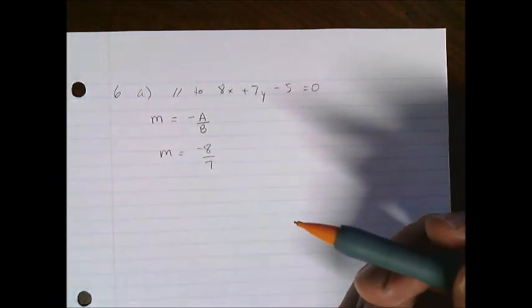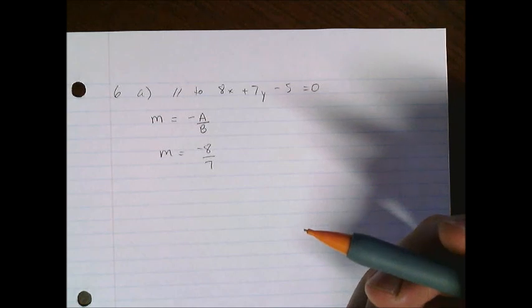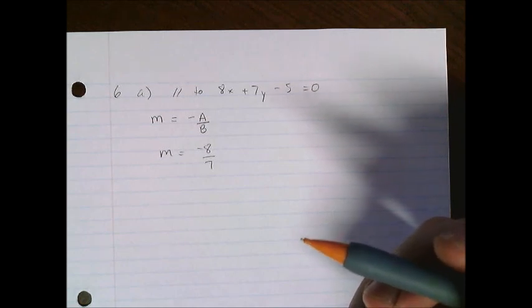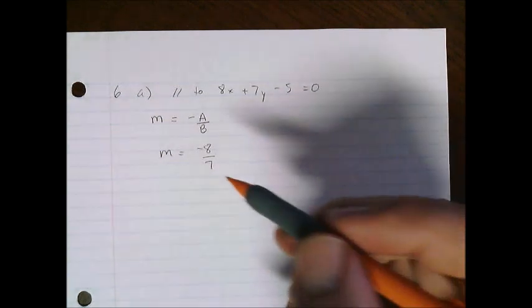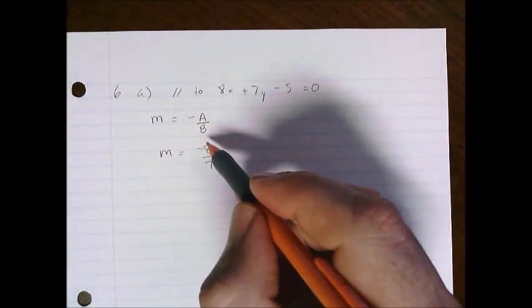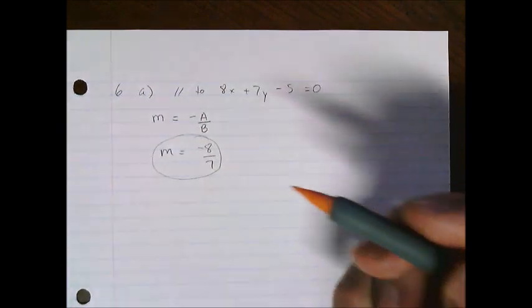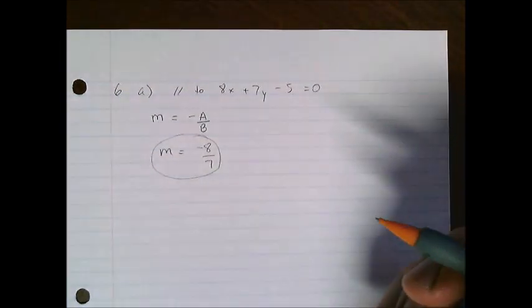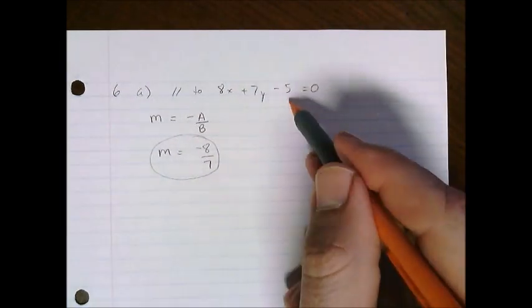And we were asked to determine the slope of any line that is parallel. So they just ask for a slope, not an equation. So then we're done there, right? This slope would be parallel to this equation right here.